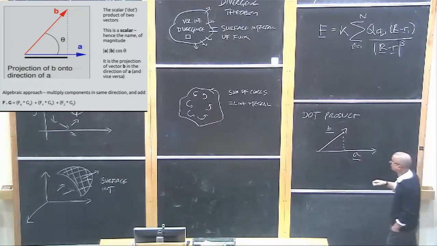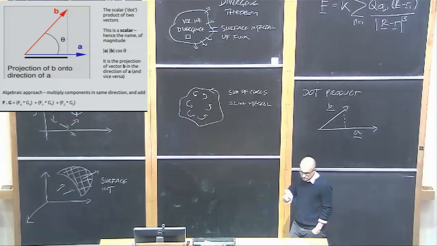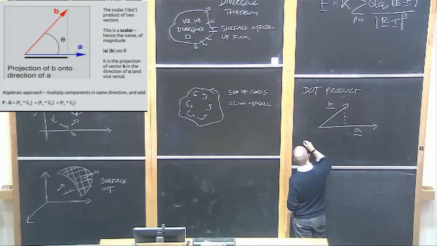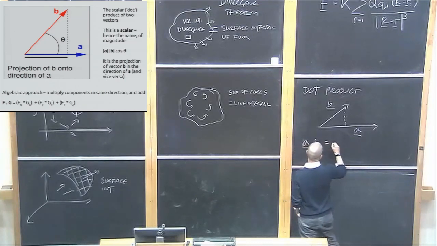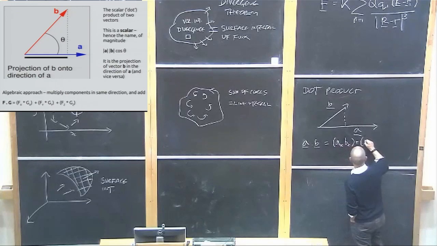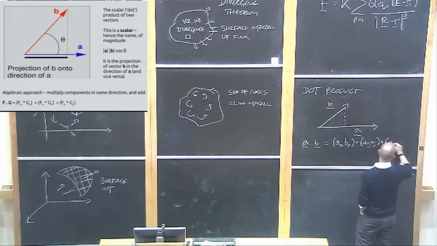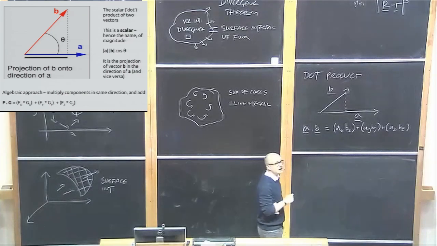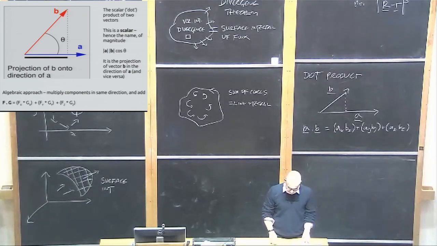And that's the projection of B onto A. And again, you know this is a scalar. If you wanted to write it out algebraically, then you would have the X, Y and Z components multiplied together and then added together.